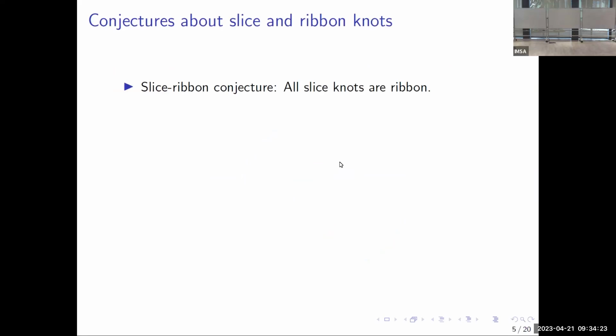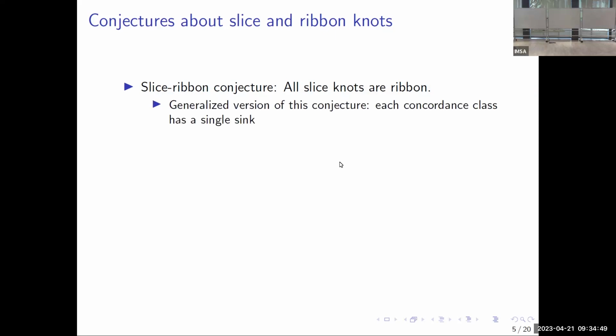Okay, so there are a lot of conjectures about slice and ribbon knots. One very classical conjecture is the slice-ribbon conjecture, which says that all slice knots are ribbon. So what this means is if you have a knot and it has some concordance to the unknot, then it has to have a ribbon concordance to the unknot.